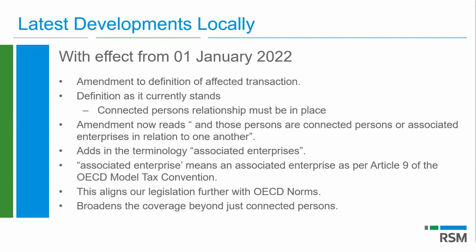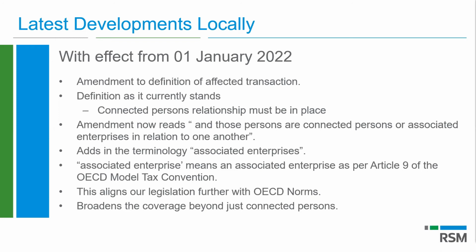To give an example of what that means, if we look at an international organization that has registered in South Africa an external company, or what very often is referred to as a branch. Branch structures did not fall within the definition of a connected person because legally they are one and the same person, and therefore did not fall within the provisions of Section 31.